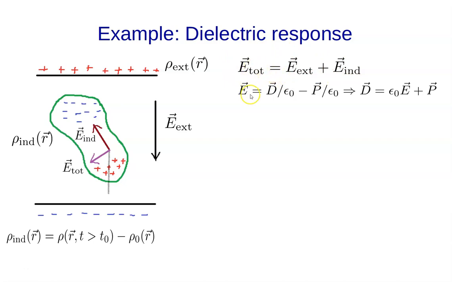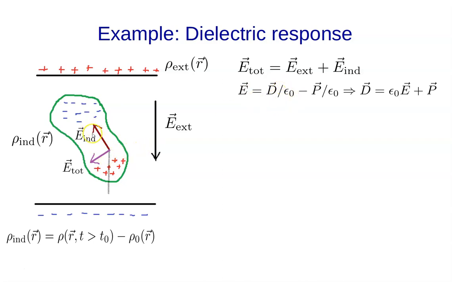Usually in the courses, this is the total electric field, which is called the electric field. This external field is called the displacement field. And you have to relate them with epsilon zero.